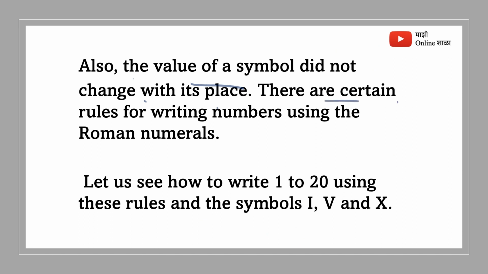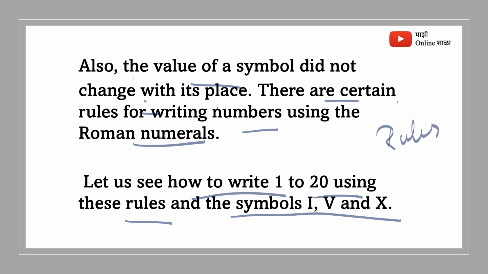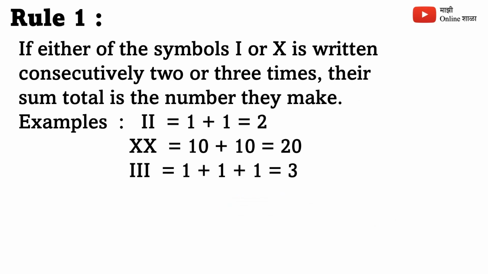There are certain rules for writing numbers using the Roman numerals. Whenever we are writing Roman numerals, we have to follow some rules. So what are those rules? Let us see how to write 1 to 20 using these rules and the symbols I, V and X. So what is rule number 1?